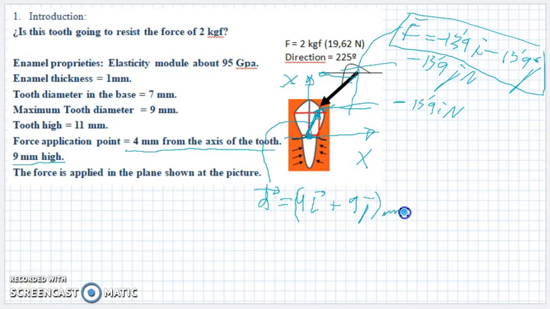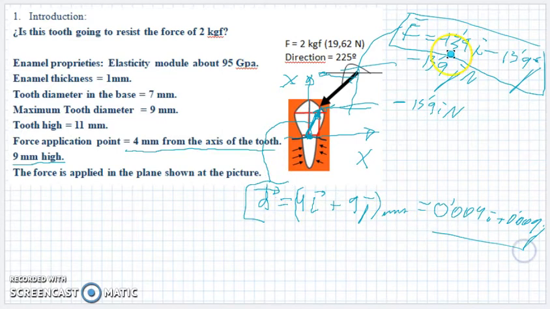If we want to use units of the international system, this is going to be 0.004 i plus 0.009 j. So this is the distance vector and this is the force.